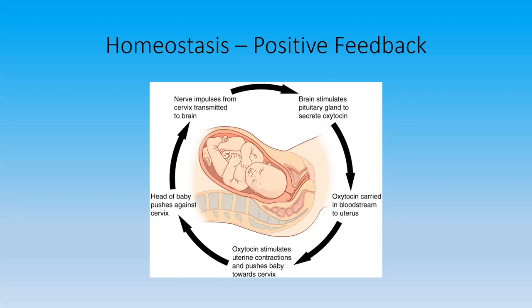Well, the effect that it has down on the uterus is that it stimulates contractions. What do the contractions do? Well, it's going to push the baby even closer to the cervix. And that's going to stimulate even more impulses to stimulate more secretion of oxytocin. And so this just keeps increasing until the birth of the baby.